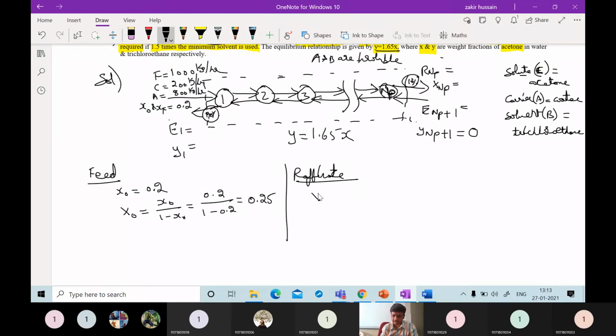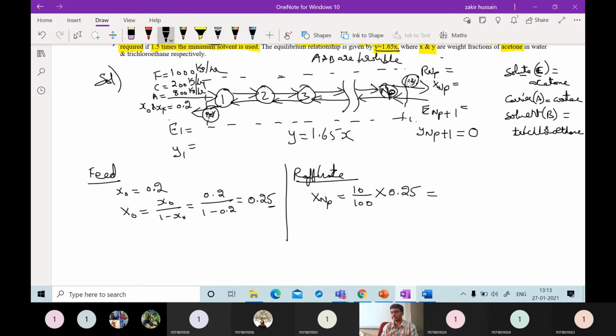So we can take XNP as 10% remaining: 10 by 100, or 0.1, into whatever the initial amount is, will be unrecovered. 0.25 is the initial amount of solute going as feed inside.